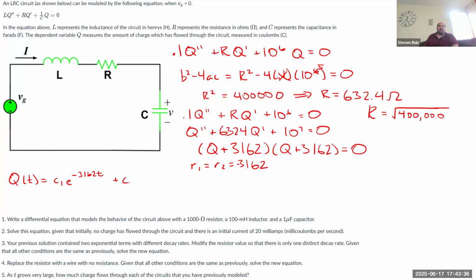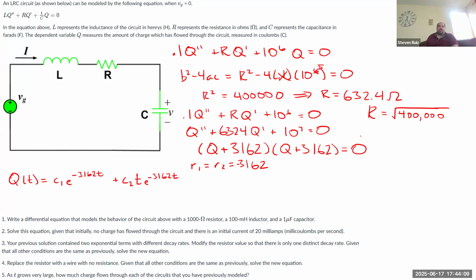But what does the other one look like? When we have like interaction between the two components of the complementary solution, or any two components of your solution, that's where we have to multiply by a power of t to actually make the solutions distinct. So C2te to the negative 3162t. So this is the form of our complementary solution.